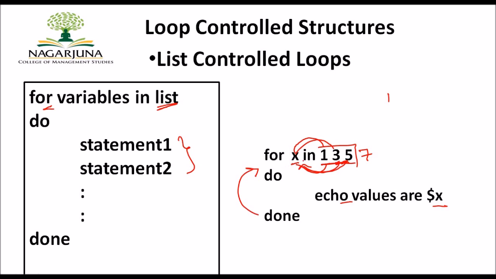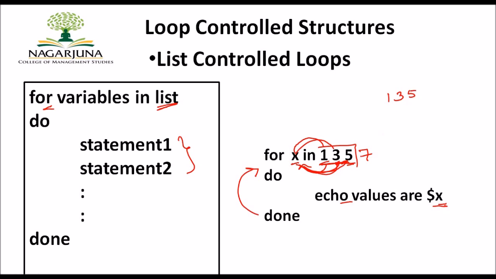So it executes by taking the value of x as 1 and prints 1, and the control is given back to the for loop, and it executes this statement by taking the value of x as 3 and prints 3, and control is returned back to the for loop, and it takes the value of x as 5 and the value 5 is printed.